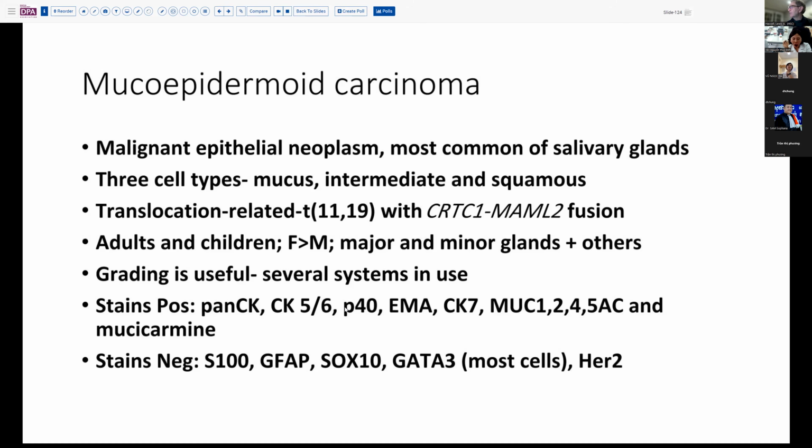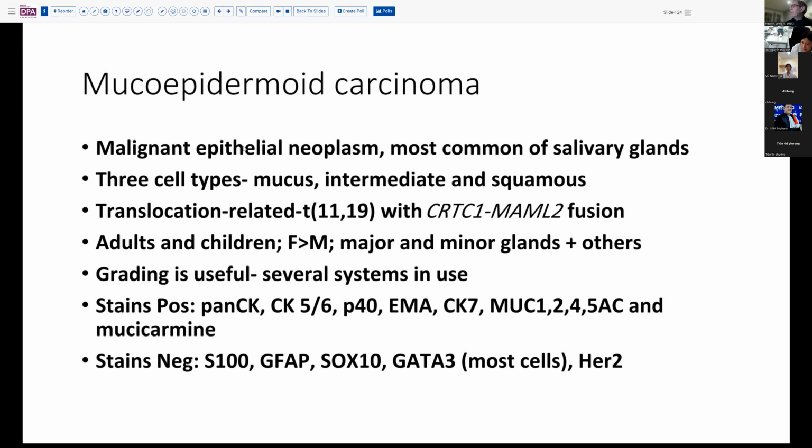So this combination of seeing some squamous markers, CK5/6, P40, as well as the MUC stains or a mucicarmine, is very useful and simple to do. These are the stains that we most frequently use to verify this diagnosis. Usually our myoepithelial markers like S100 or GFAP would be negative, as is GATA3 in most of the cells. And in contrast to ductal carcinomas, it'll also be HER2 negative.